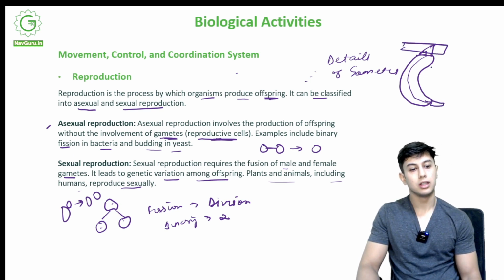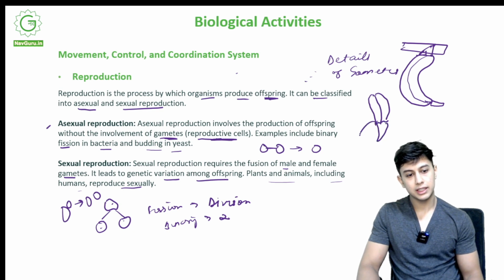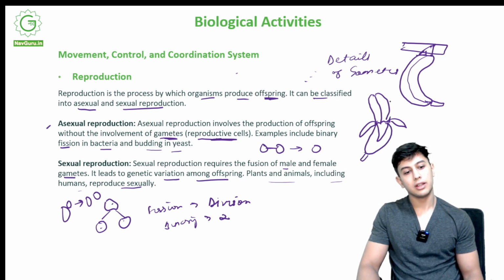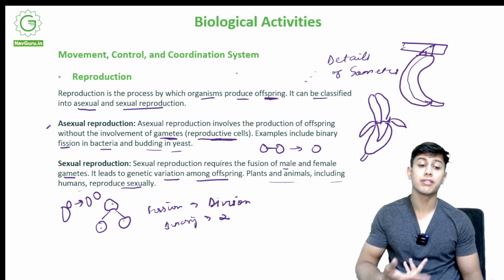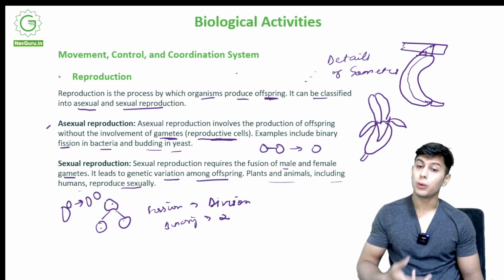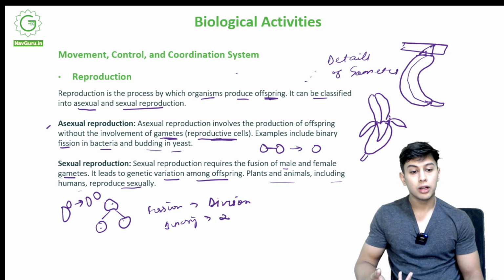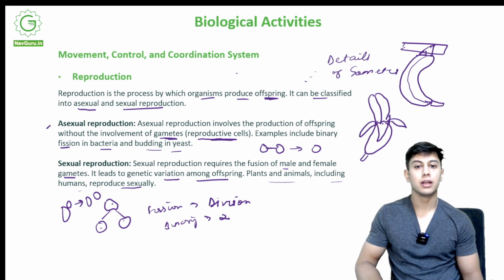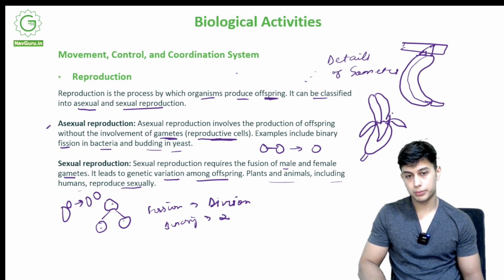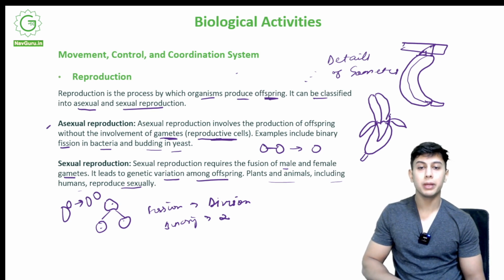Inside the same peel there are two bananas. This happens. Why does this happen? Due to genetic variation. What is genetic variation? Some stronger offspring. We can have different types of offspring depending on the male and female partners.